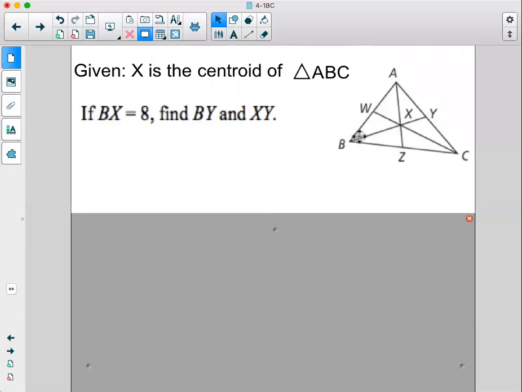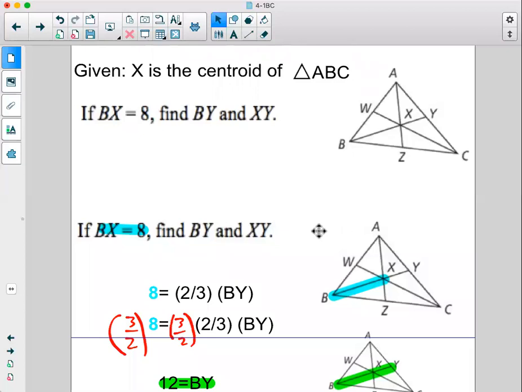This time we're given BX, the 2/3 chunk, and we're asked to find the whole BY and the smaller 1/3 chunk. So we know that 8 is 2/3 of the whole. We're trying to find the whole BY.